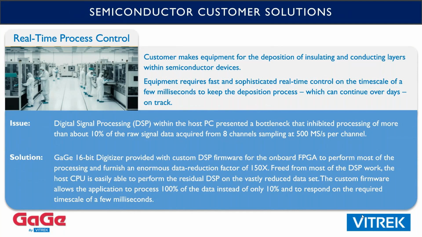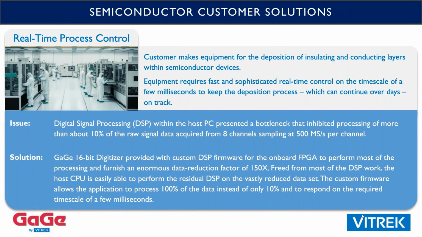So in this example, the firmware that we developed for the customer picks out things like amplitudes and zero crossing positions of the waveform. And you can see how if you have thousands of points and reduce that to a single amplitude, you can get huge reduction factors. And indeed, we were able to achieve a reduction factor from this data that's coming in on 8 channels at 500 megasamples per second of about 150.